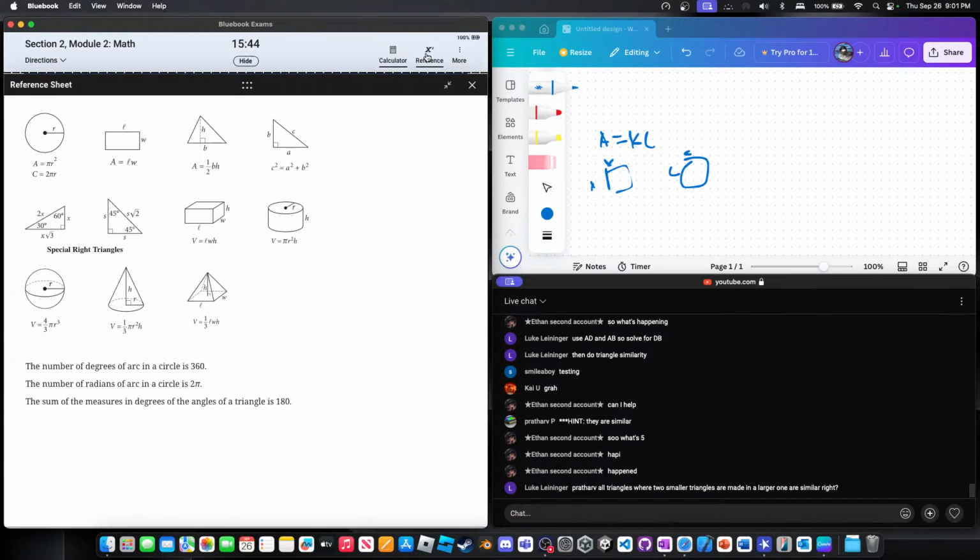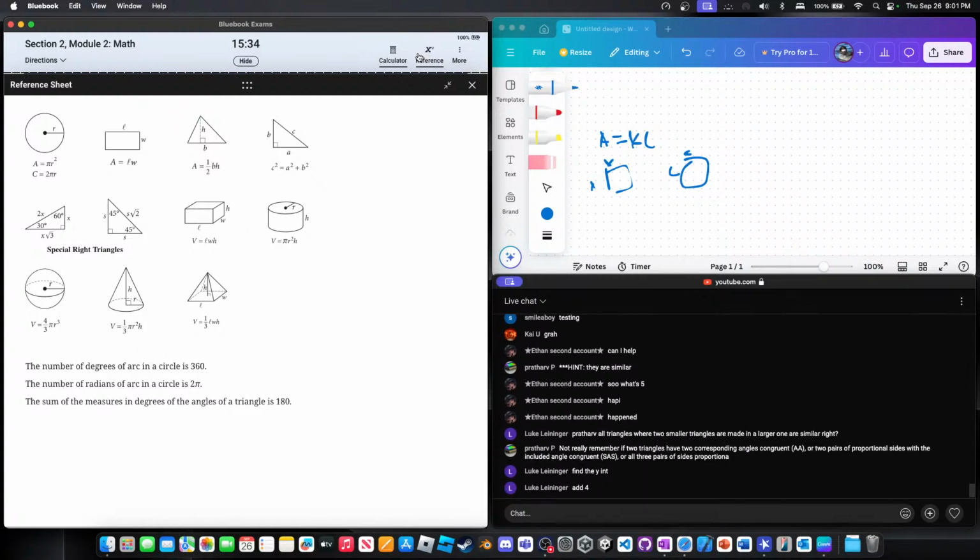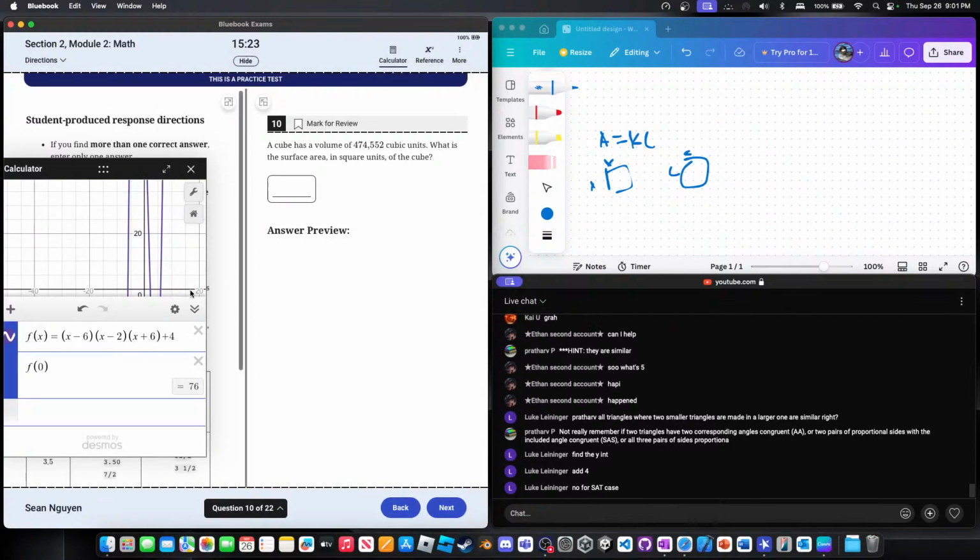Surface area. Um, 1,474 cubic units. Volume is length times width times height, right?